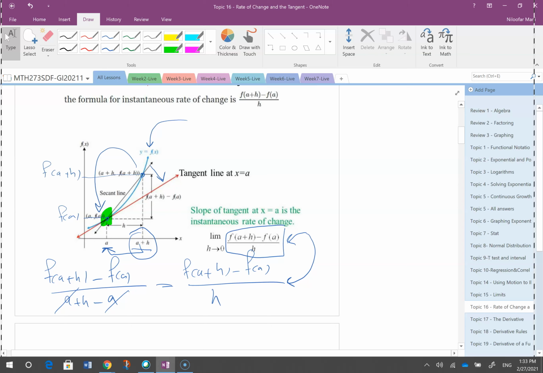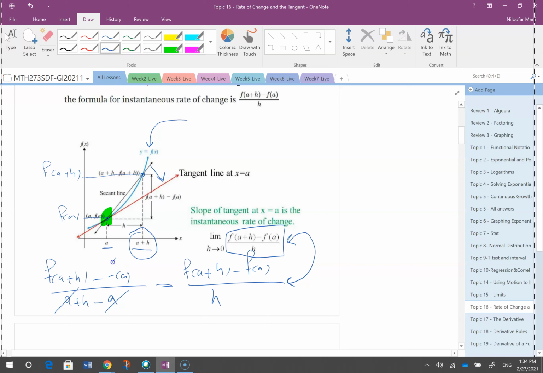And then when I take h towards 0, on x, here, a plus h approaches a, and then this is happening, which is Q approaches P, that point on the graph. So maybe I remove it and I show it one more time.